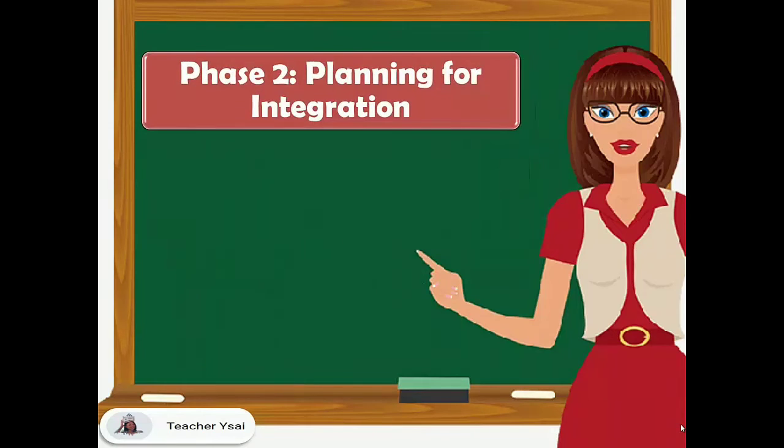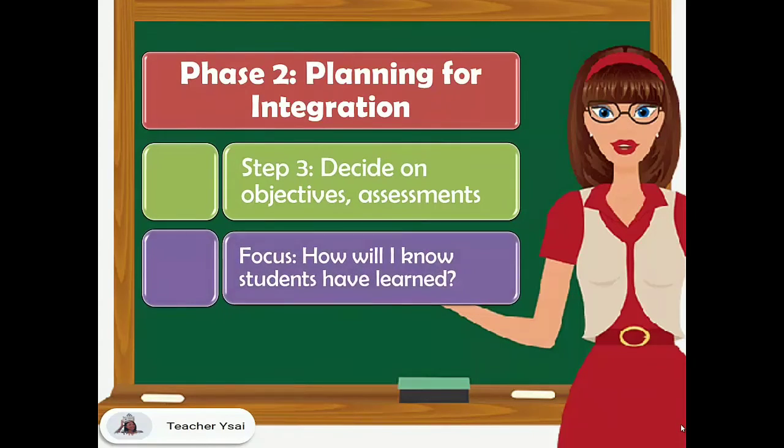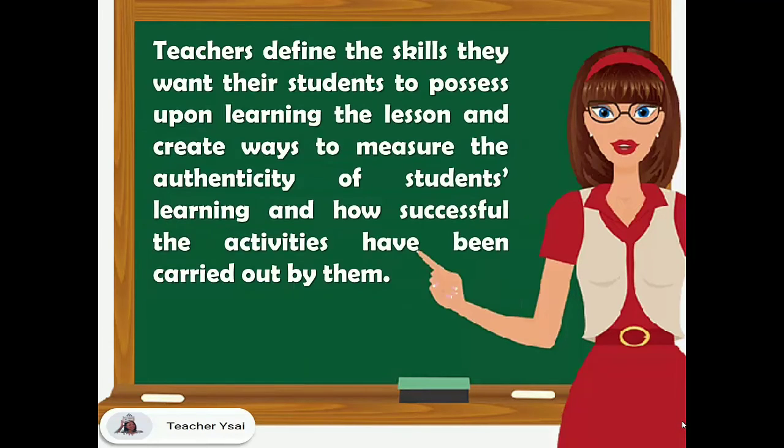The next phase is planning for integration. Under this phase is step 3, which is decide on objectives and assessments. The focus of this step is to answer the question, how will I know students have learned? Teachers define the skills they want their students to possess upon learning the lesson and create ways to measure the authenticity of students' learning and how successful the activities have been carried out by them.